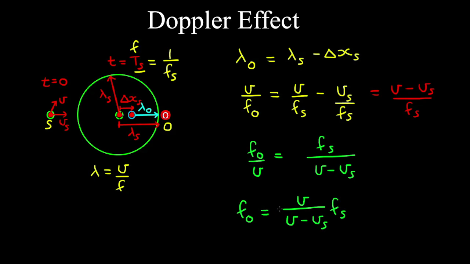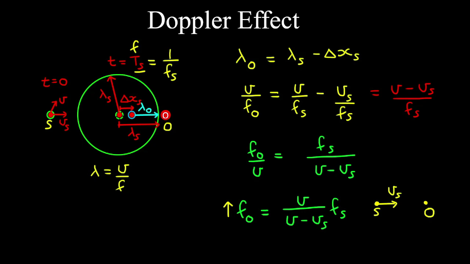So in this case, the source is moving towards the observer, and the observer is stationary. So in this case, the observer is going to hear a higher frequency than that of the source.